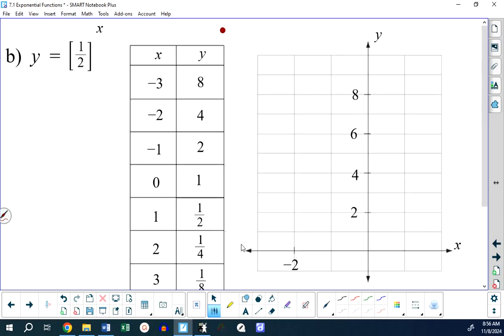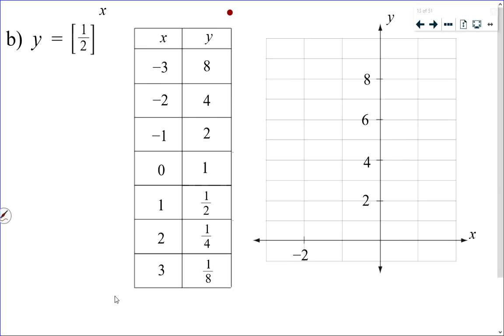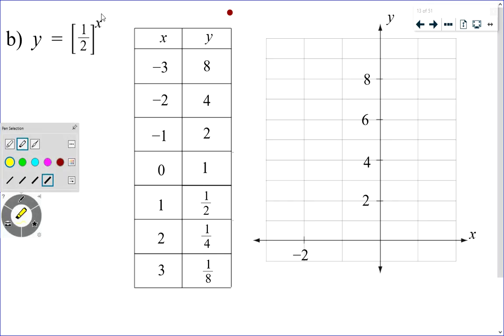Okay. Well, what happens then if we have a base like 1/2, and that x is strangely drifting away from where it should be? What happens if you have x to the 1/2? Well, I hope it's clear why this will be a point on the graph.